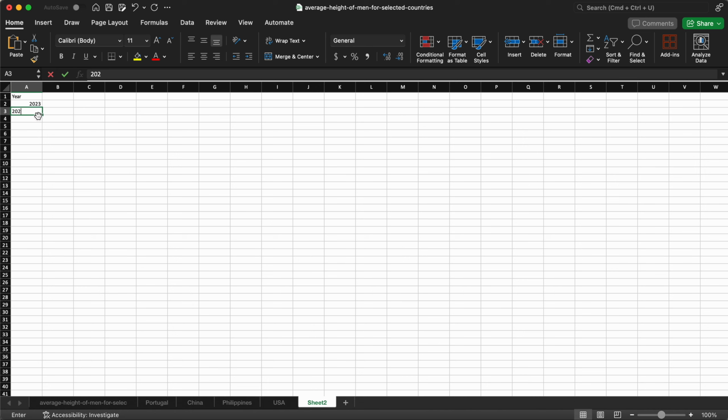So I'm going to type in 2024, and then I'm going to let Excel do the rest of the work, because if you highlight these two cells, and then you hover over and that little plus sign turns to black, once you have that, click and drag, and it's going to intuitively know what you're trying to do and extend it out as far as you tell it to. So I'm going to extend it out 14 more years. So it's a 15-year total spread.